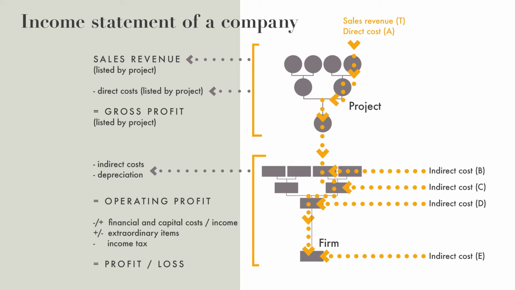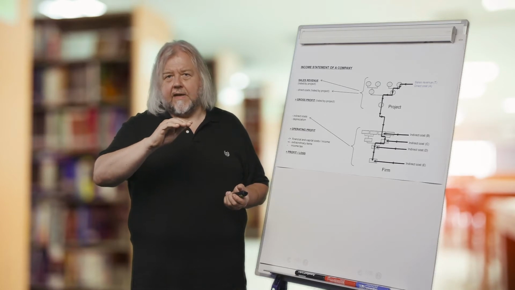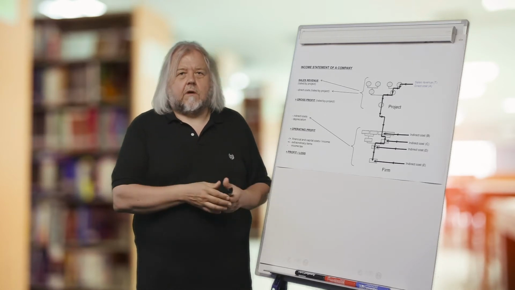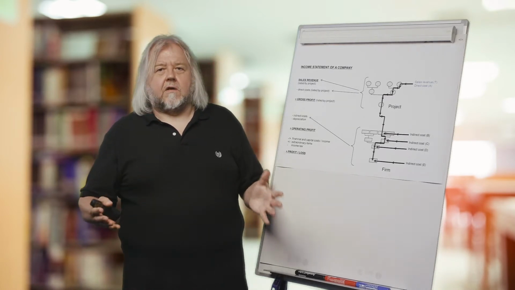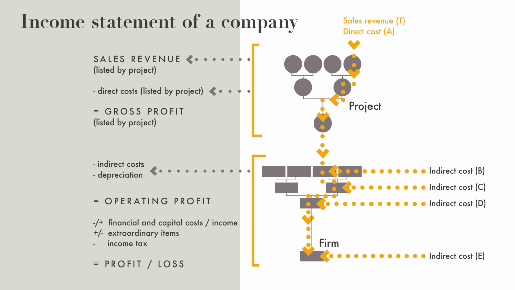And we can see how the projects, where both sales revenue and these direct costs are recorded, bring the actual gross profit to the company. And in the company's income statement, the profit can be listed by projects, so which projects are more profitable than others. And then the actual company level organization costs are more like indirect costs that go to the lower level of the company's income statement.